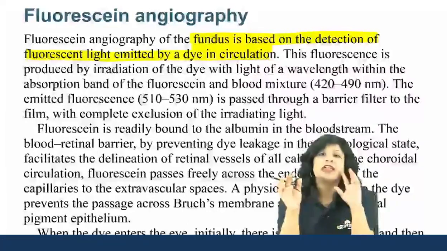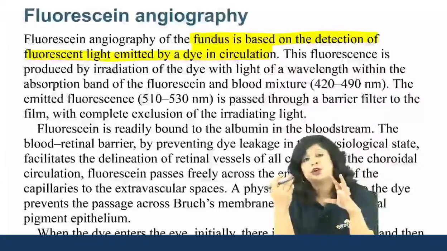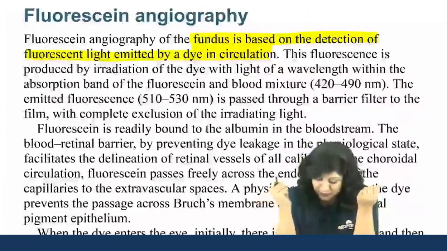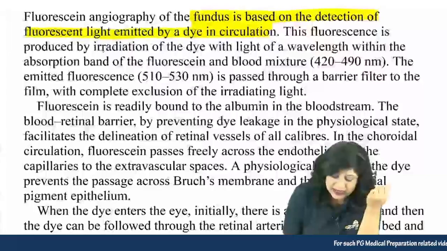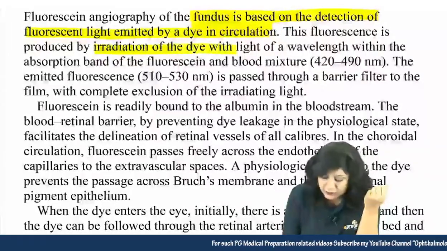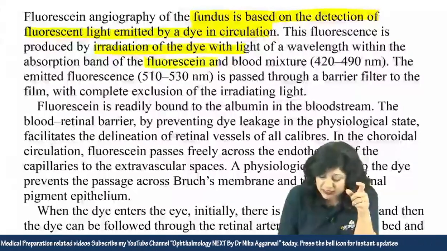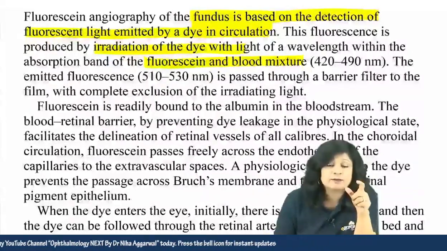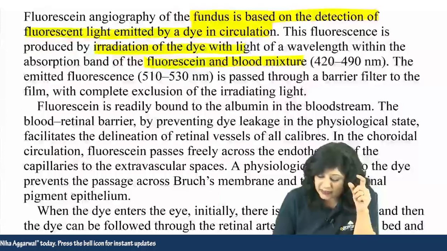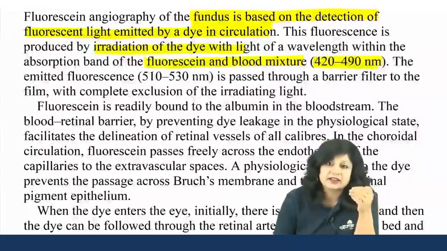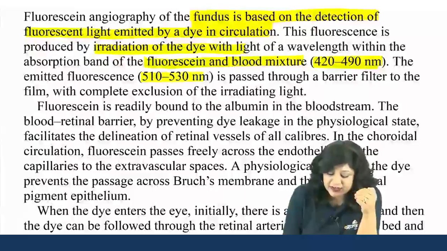If you have any defect there, then that will become prominent on angiography. This fluorescence is produced by the excitation of the dye with light of a wavelength within the absorption band of the fluorescein and blood mixture. They absorb light of lower wavelength, that is 420 to 490 nanometers, and they emit higher wavelength, which is 510 to 530.